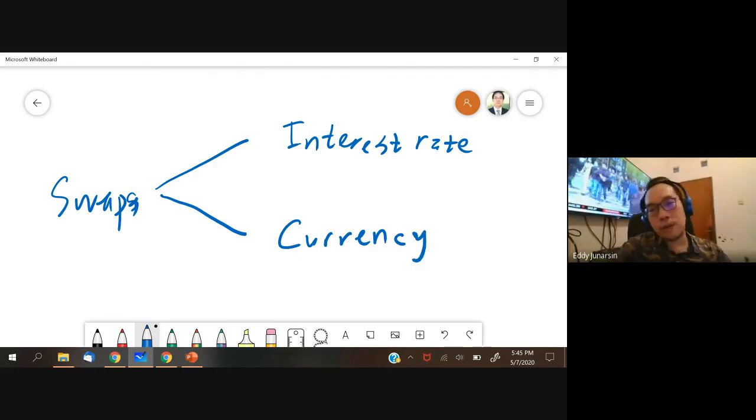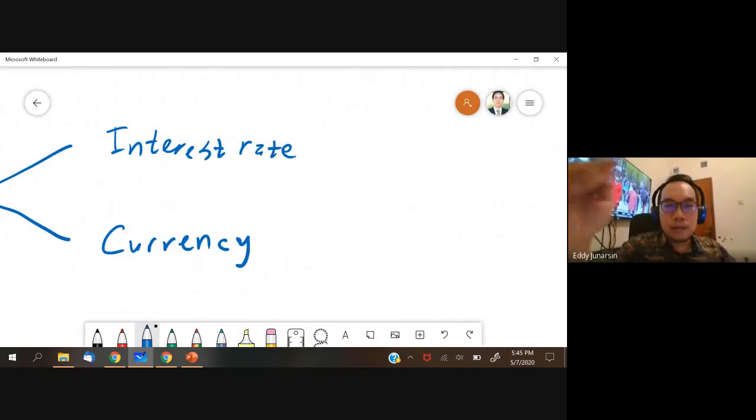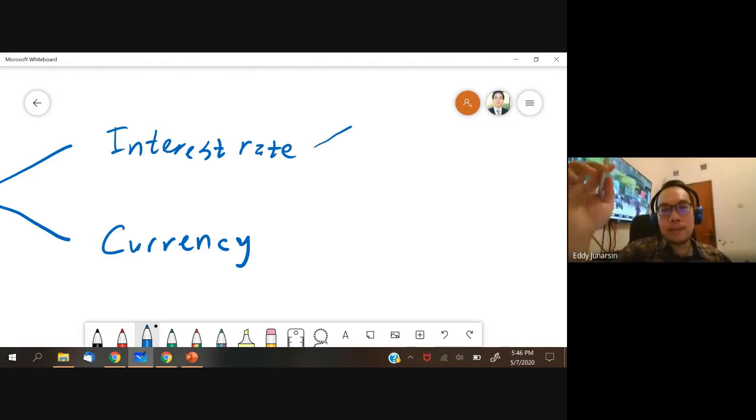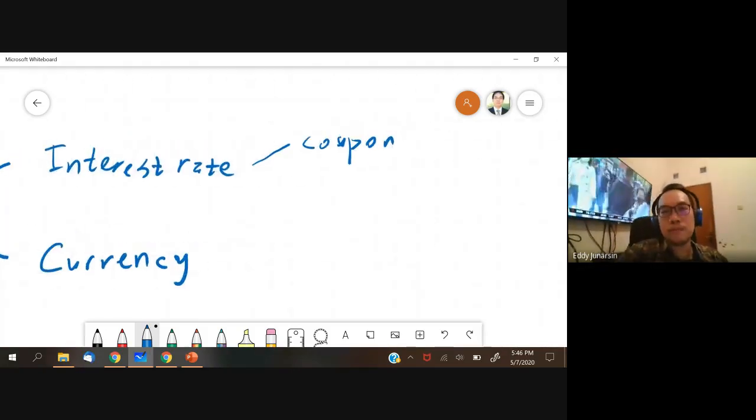So based on interest rate or based on currency. Okay, so we're going to see some simple examples here. So interest rate, we might exchange the different coupons, right? Different coupon system. So it's based on different coupons.